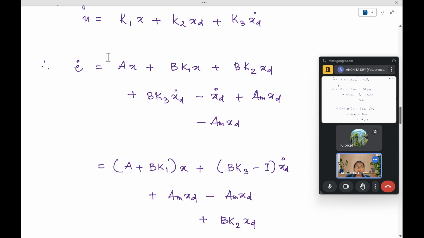So this is equal to basically (a plus b k1) into x, plus I'm bringing this b k3 xd dot term here and minus xd dot here, right? And then we have this am xd and the minus am xd, and at last I put this b k2 xd term.